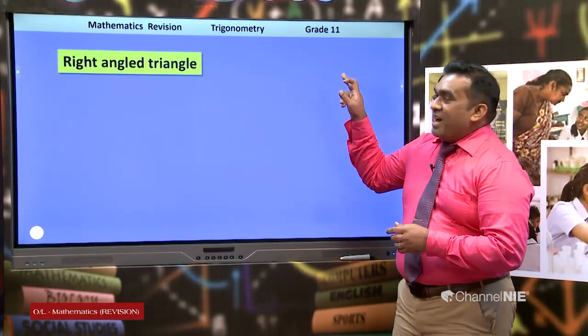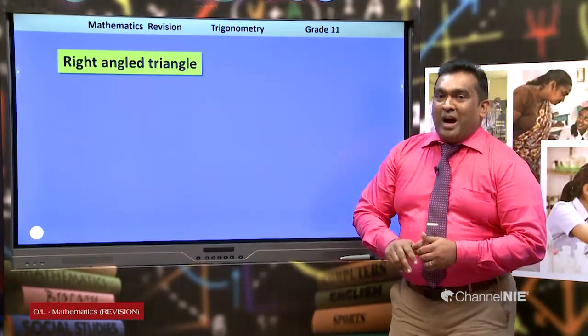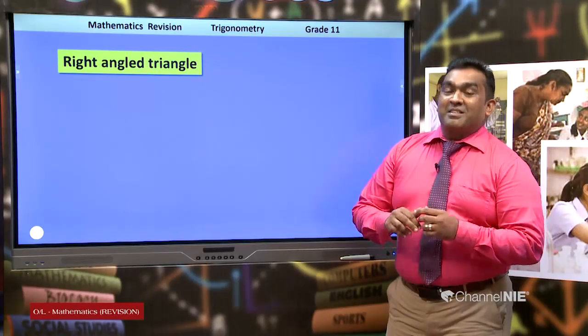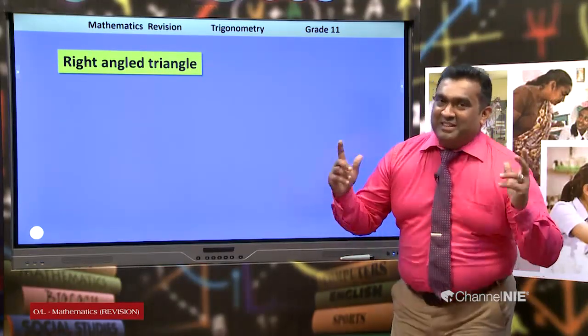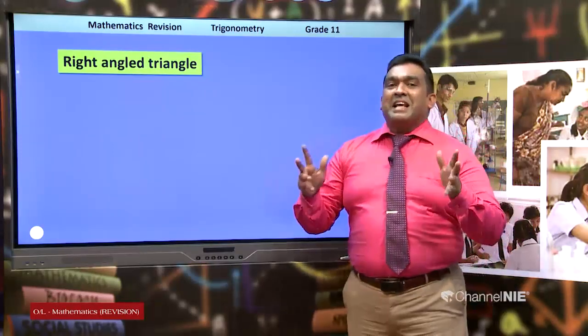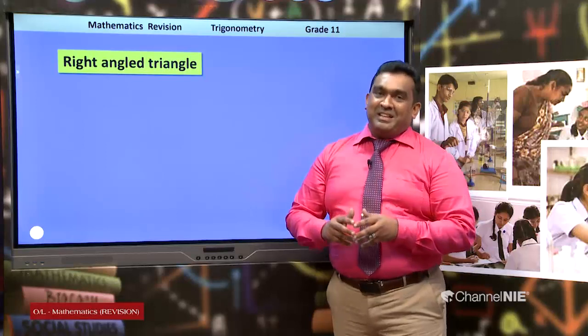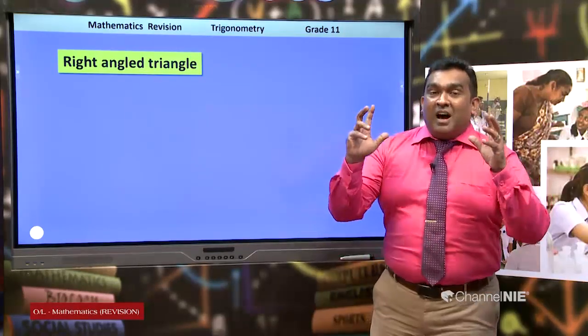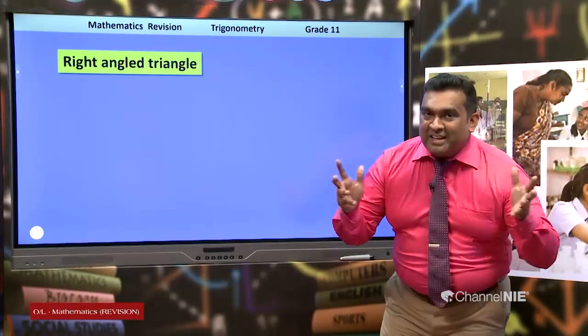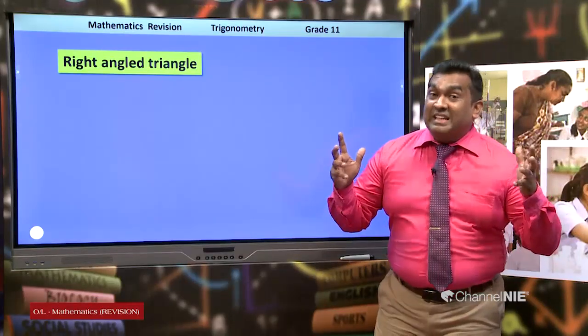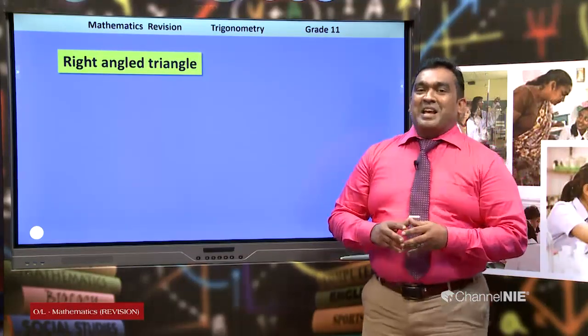Right. Now we are going to identify a right angle triangle. What is a right angle triangle? A triangle with 90 degrees, or otherwise the largest angle of the triangle is 90 degrees, is a right angle triangle.